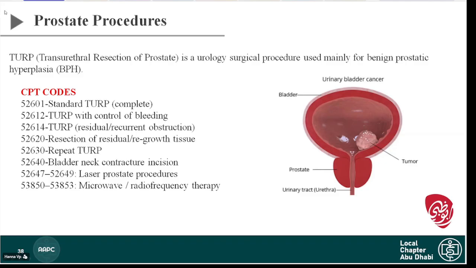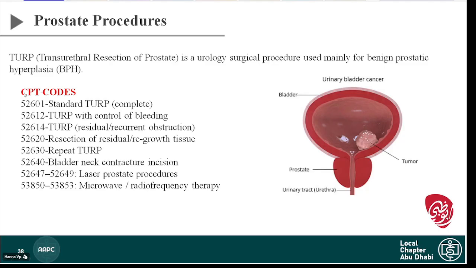Prostate procedure we can also call TURP, transurethral resection of prostate. Okay, it is a urology surgical procedure used mainly for benign prostate hyperplasia. See this? Sometimes with prostatic gland enlargement or tumors in the area, we can use the prostate procedure.